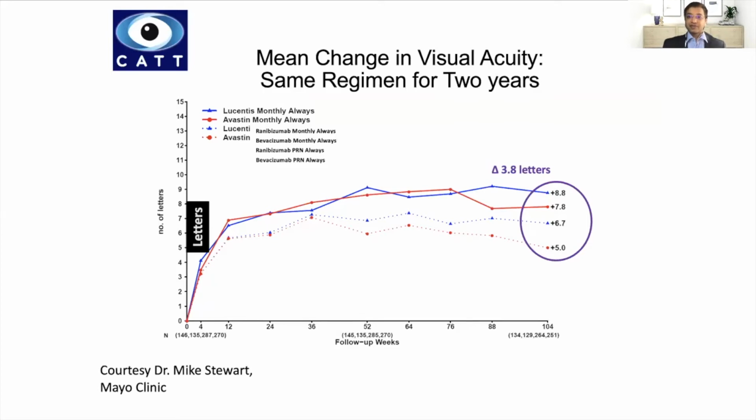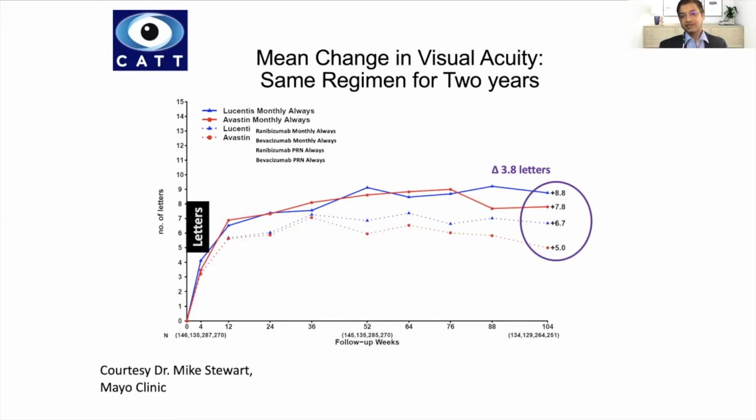What do we tell a patient, especially of macular degeneration, if you give them injections? What's going to be the outcome in terms of number of injections or even the visual acuity gain? The CATT trial was designed to look at ranibizumab versus bevacizumab monthly or PRN.